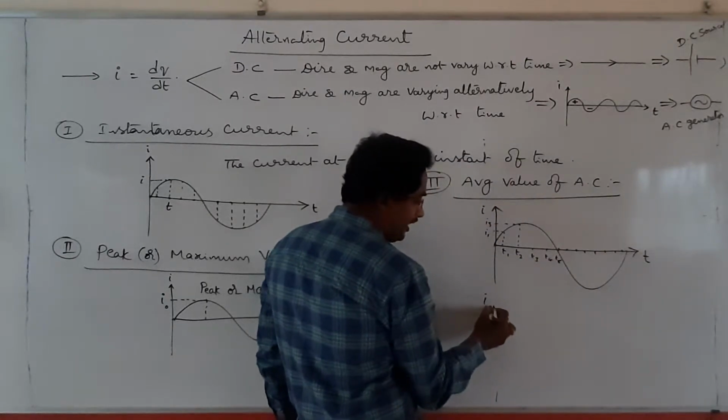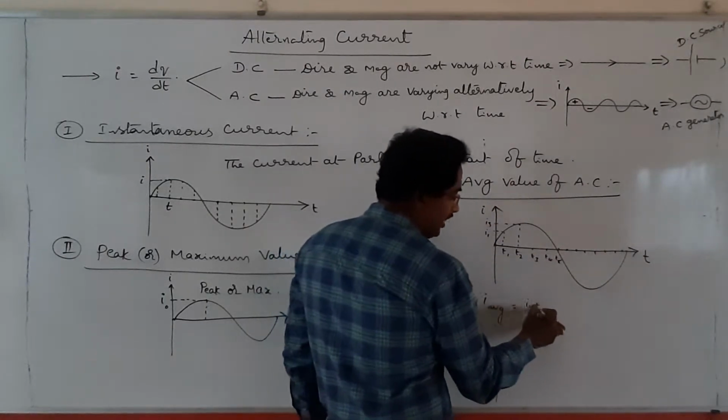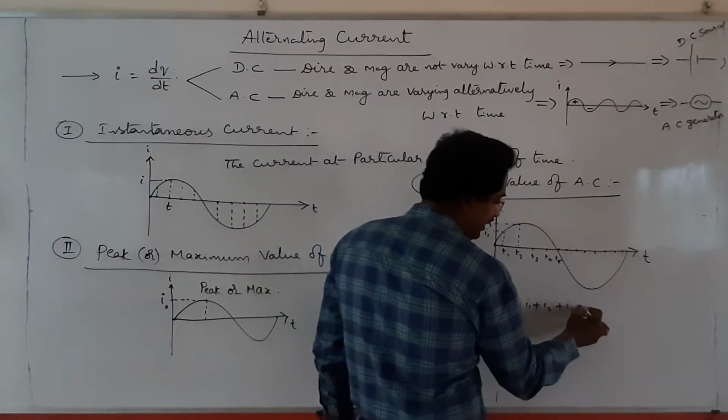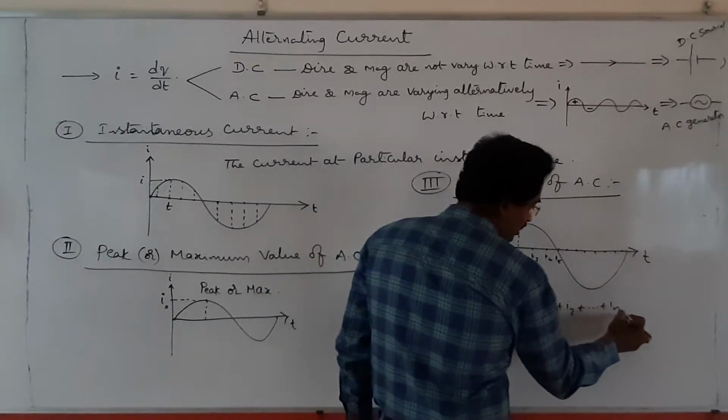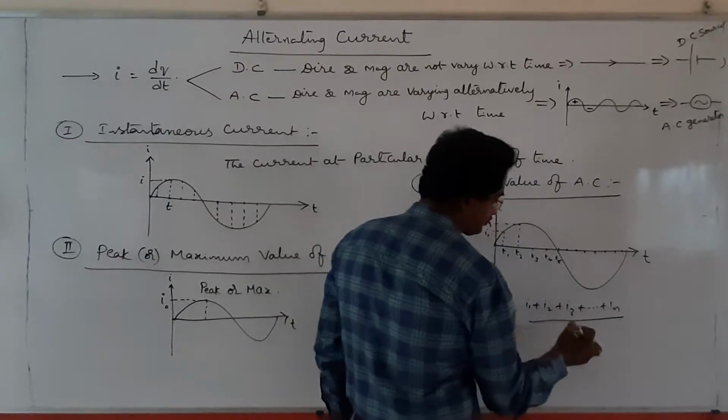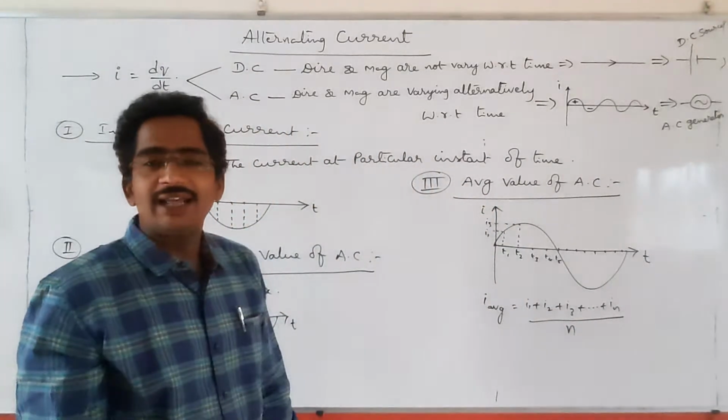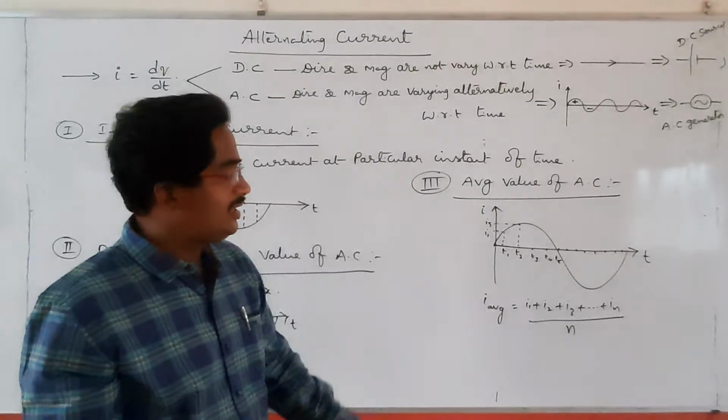So the average value is I1 plus I2 plus I3 and so on up to IN, divided by N. That is the average value of current.